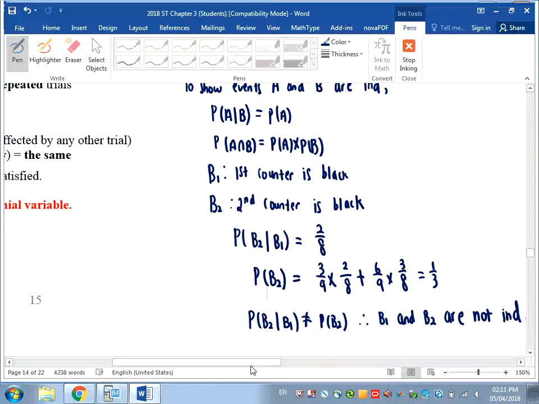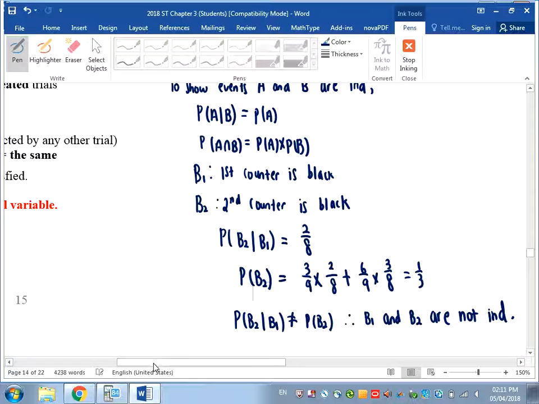So maybe this throw I throw a three, it doesn't affect my next throw. But if I look at this experiment here, the one selecting the black counter, notice that it will actually affect. So let's summarize. We have looked at 4 properties so far. Some of you are still copying. If you are done, you can look at the next page, which states the properties of a binomial experiment.